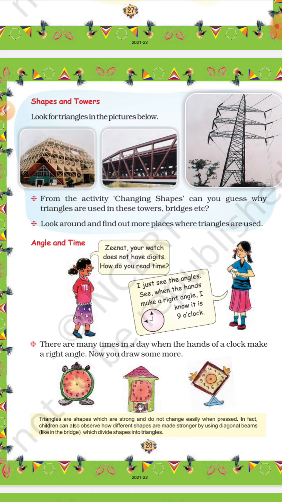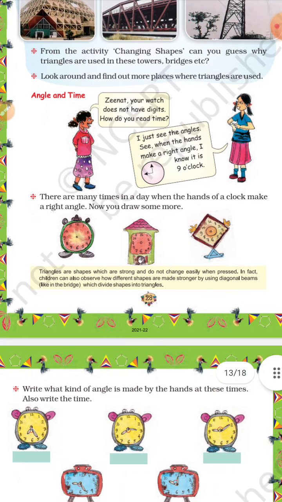So the first question: from the activity changing shapes, we can say that triangles are used in towers because if we try to change the figure, it will not change. There are no changes in the figure, so triangles are used in towers and bridges. Now the second is, look around and find out more places where triangles are used.